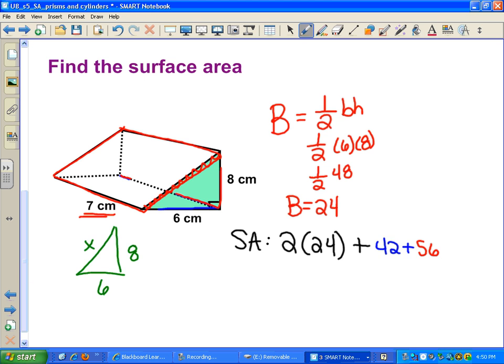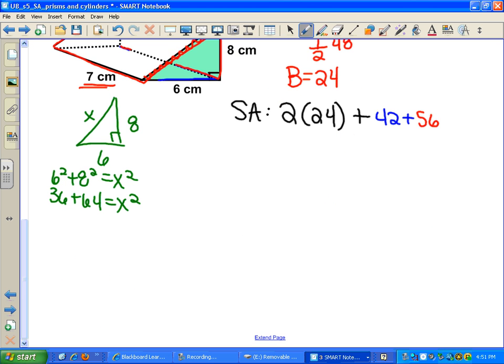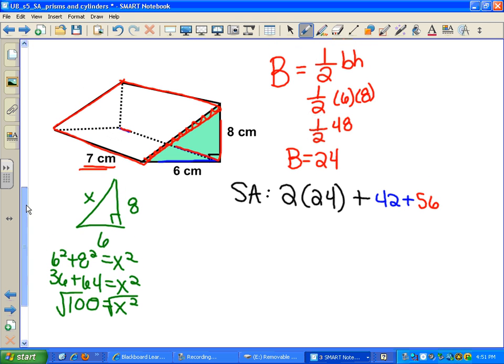I'm going to call that x. 6 squared plus 8 squared equals x squared. So 36 plus 64 is x squared. Well, 36 plus 64 is 100, and that's what x squared is. So I'm going to take the square root of both sides, which is 10. So to find the area of that face, I'm going to take 7 times 10, which is 70.